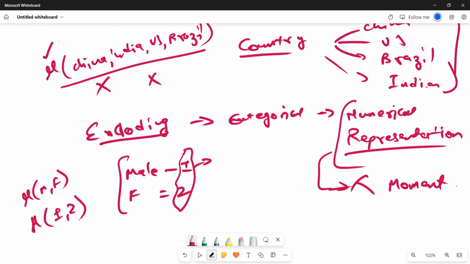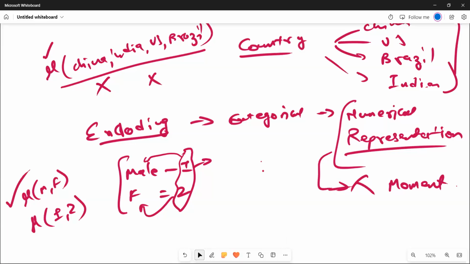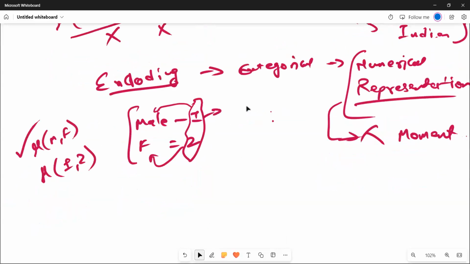But again, these are representing male and female only. So the question goes down to calculating the mean between male and female. Since you cannot do that, you will not be able to calculate the skewness or any moment on categorical data. All right, so let's proceed ahead.